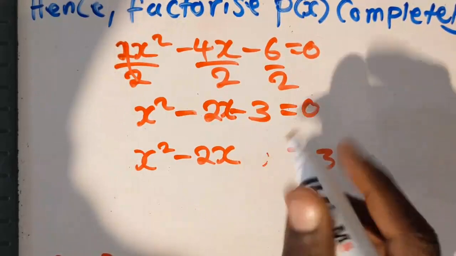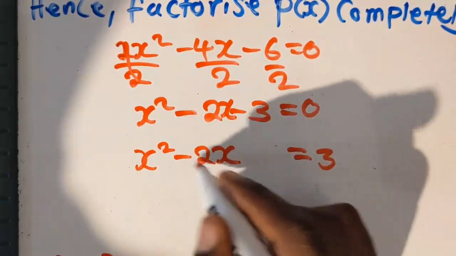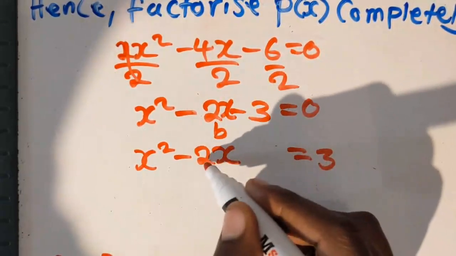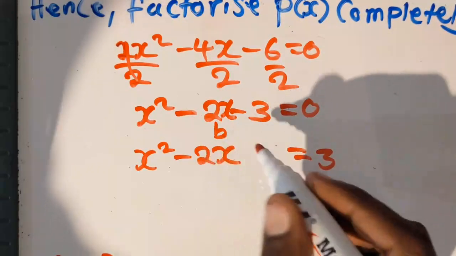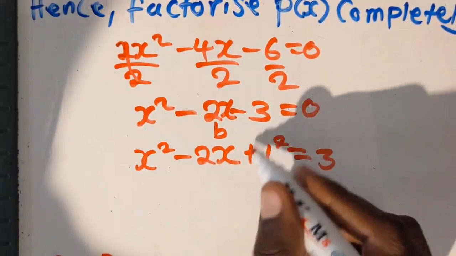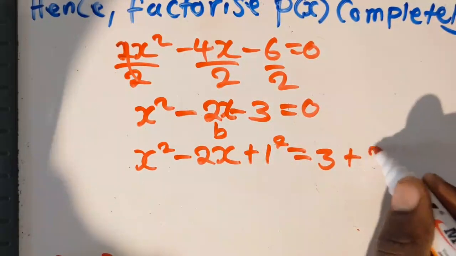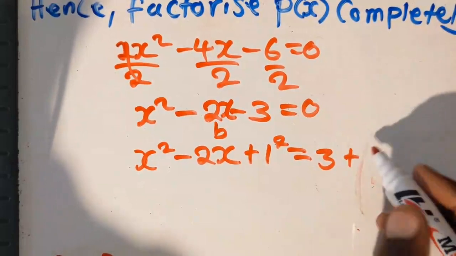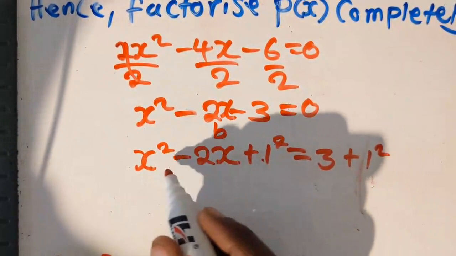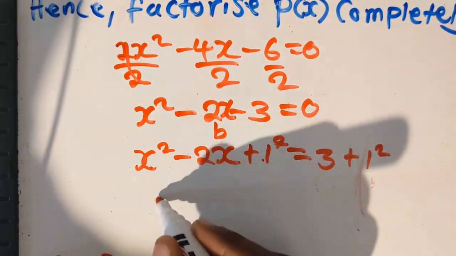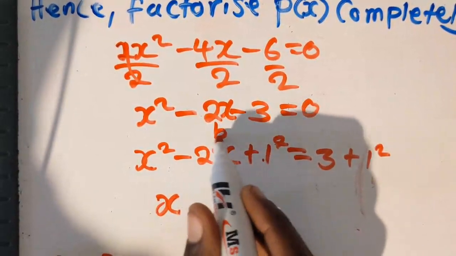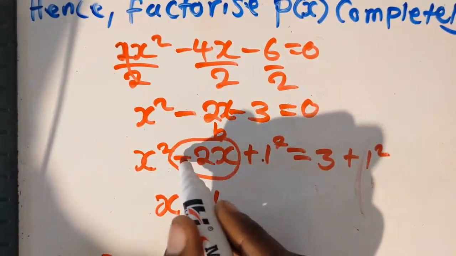Then on the space, you add half of b. This is b, so what is half of b? Half of 2 is 1. So you add 1, but square it, and whatever you do on this side, do on the other side: 1 squared. Then here you get what is squared only: here it is x, and here it is 1, but b gives you the sign, so the sign is negative.